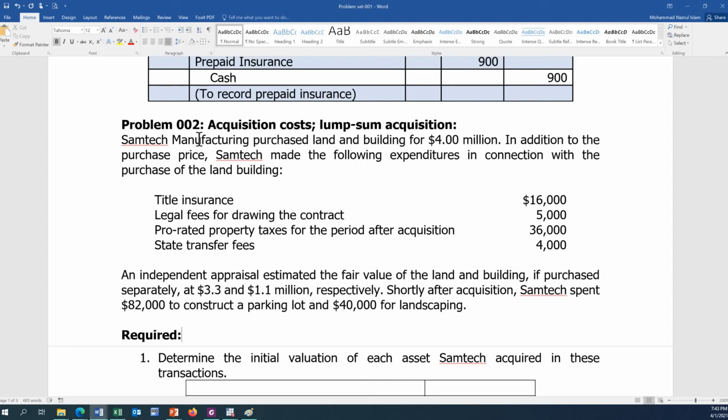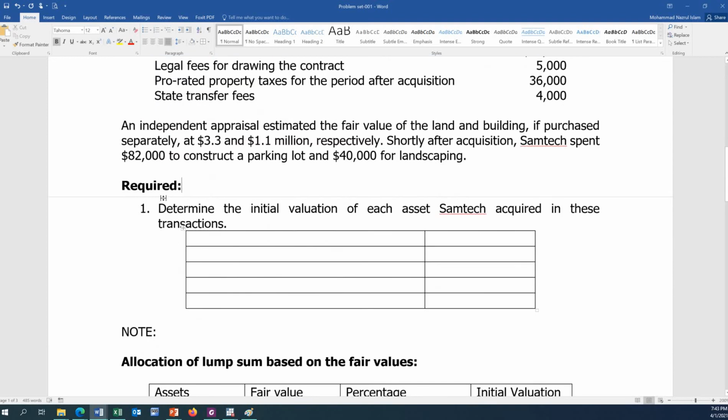An independent appraisal estimated the fair value of the land and building, if purchased separately, at 3.3 and 1.1 million respectively. Shortly after acquisition, Samtech spent 82,000 to construct a parking lot and 40,000 for landscaping. Determine the initial valuation of each asset Samtech acquired in this transaction.